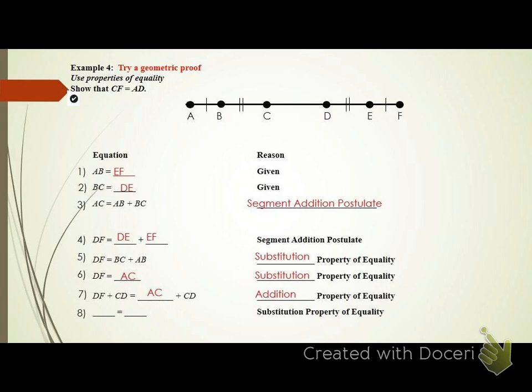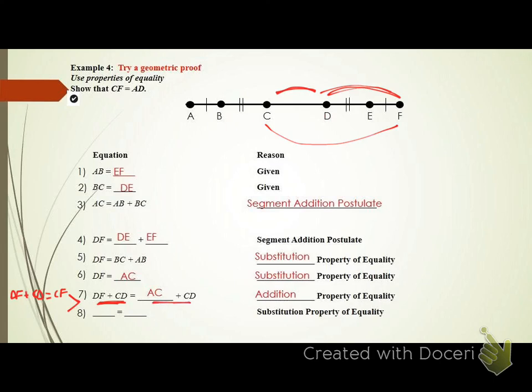Now, we really need one more set of statements down here that has been left out, and we need to add those in. Okay? We're talking about DF plus CD. Well, if you look at DF plus CD, then those two will add together and give you CF. So we can actually do the segment addition postulate here and say that DF plus CD is equal to CF. Right?